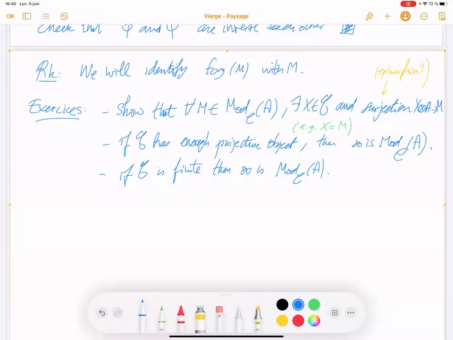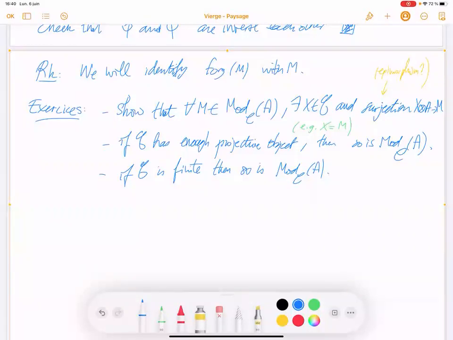We may see later that if the multi-tensor category C is finite, then every finite C-module category is of the form mod-CA for some algebra A. But this is not true if you don't put finite.